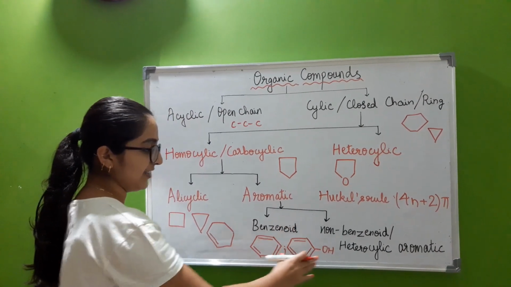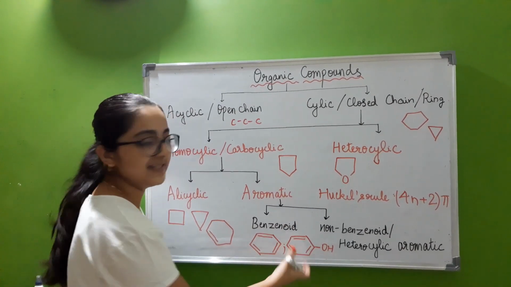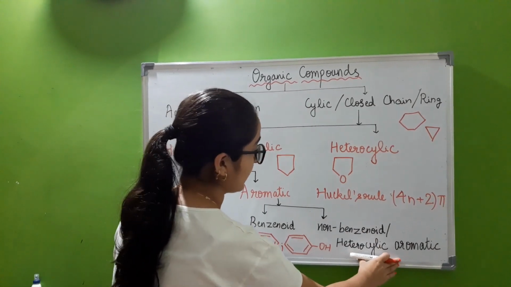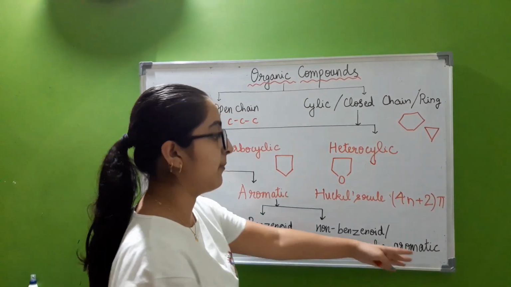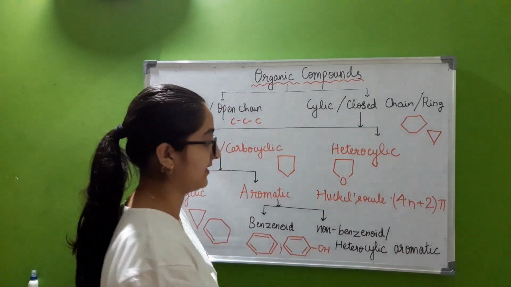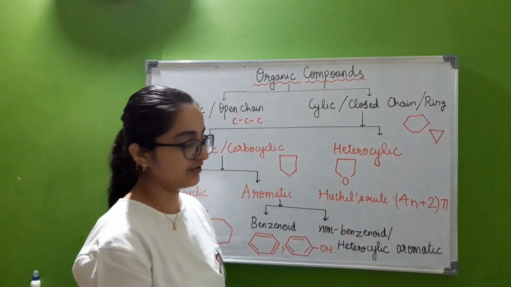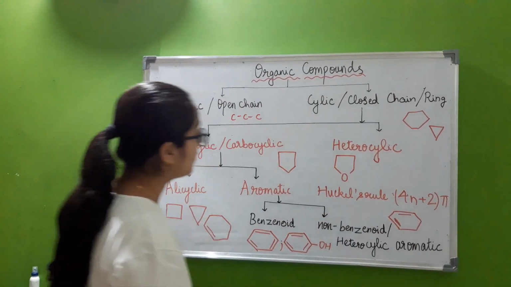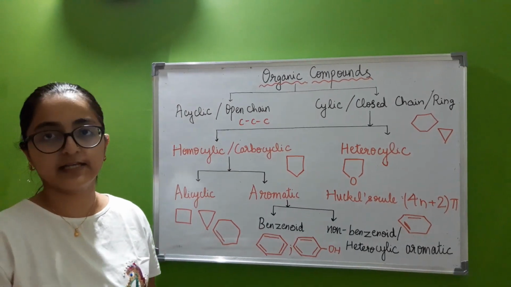If I attach an alcohol group here, this is known as a benzene derivative. Coming to non-benzenoid or heterocyclic aromatic compounds, these compounds also show aromaticity. That is, they also follow Hückel's rule, but they are not benzene derivatives. So this is the classification of organic compounds.